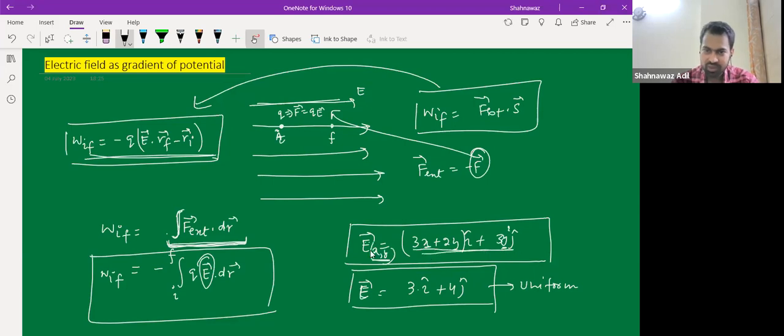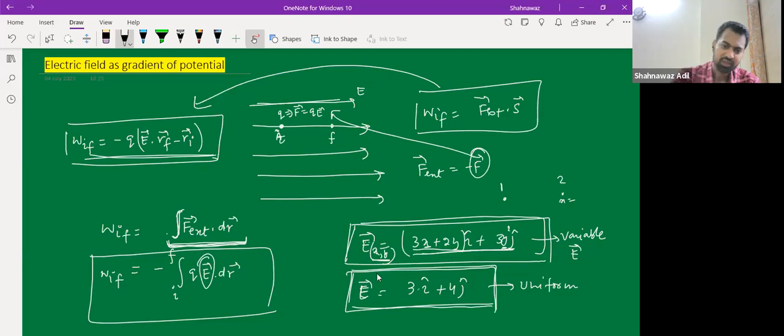In the uniform case, if I change x, y or z, any variable, the electric field will not change in the x direction, the y direction or the z direction. But here, if you are at x equals 1, this would be 3 into 1. If you move to x equals 2, it will change. So this is a variable electric field. Is that clear?